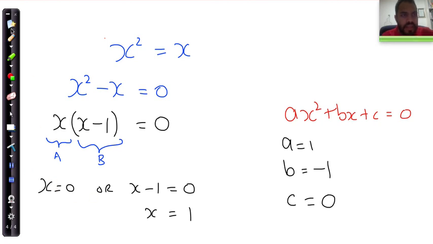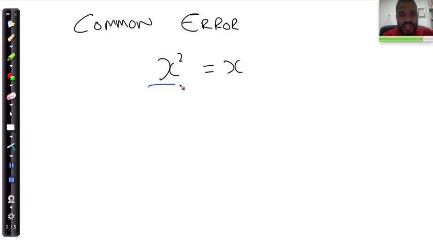Okay. Now let's look at a common error in which learners look at the same problem. So you're given x squared is equal to x. Often learners want to divide simply both sides by x. So they divide this by x and they divide that by x. And you can see x divided by x is 1 and x squared divided by x is x.